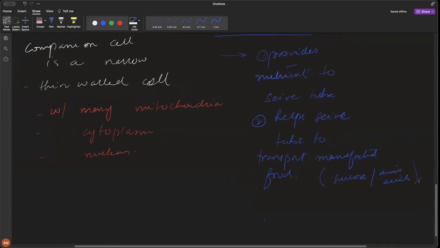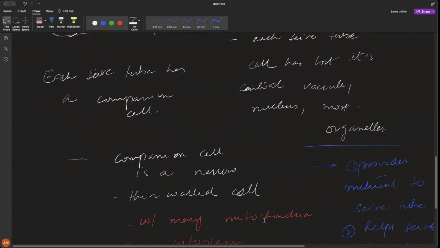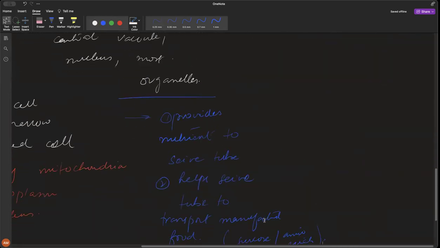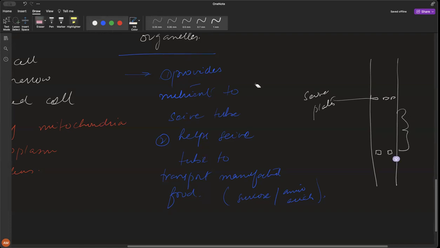There are a few things that you have to keep in mind. The sieve plates, the companion cell, the sieve tube element. Basically, this is a sieve tube in which you're going to see these plates. These are the sieve plates. Then with each of them, there is a companion cell, which you can just draw like this.